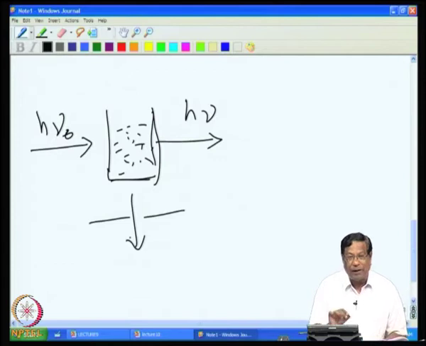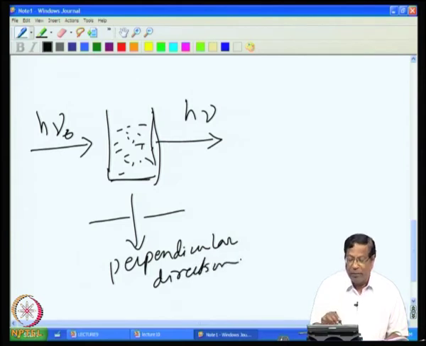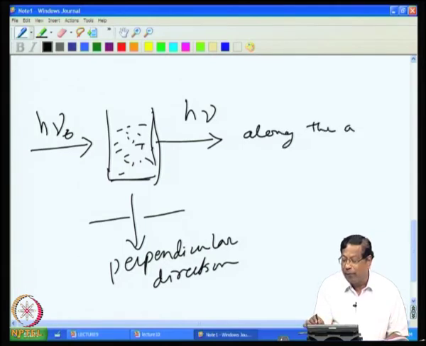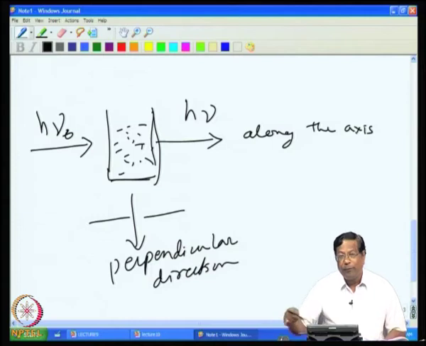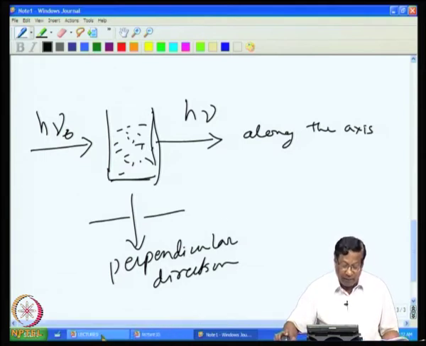This is the perpendicular direction, and this is along the axis. One is called nephelometry and another is called turbidimetry.